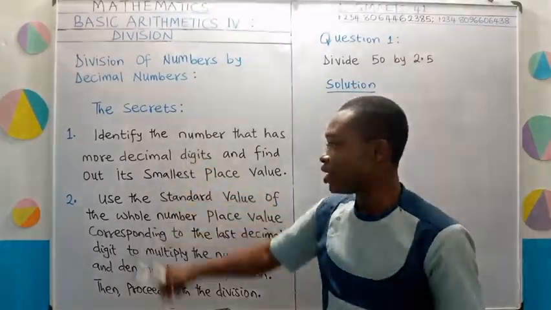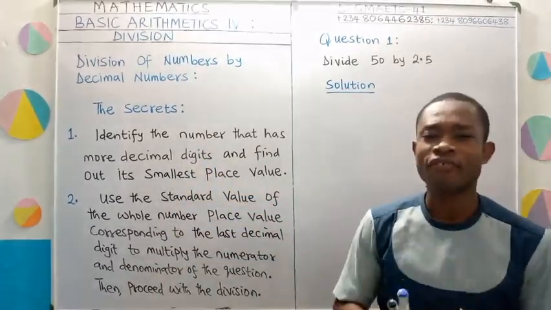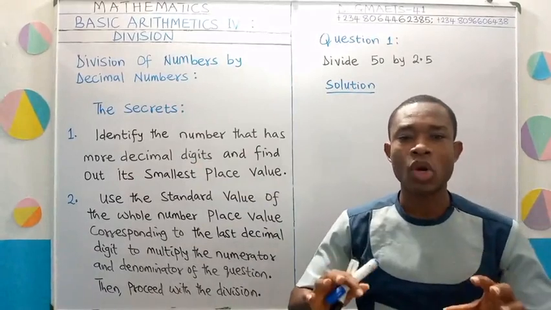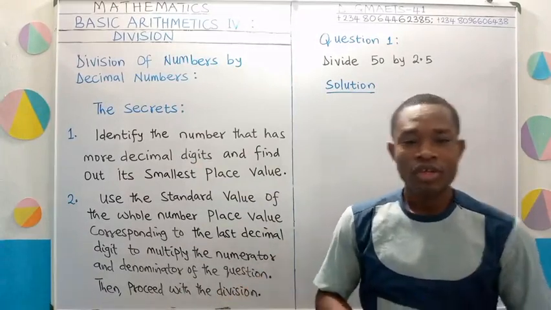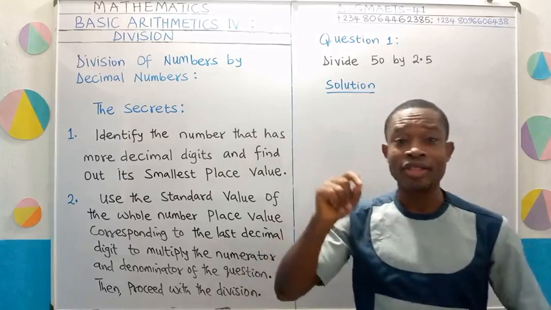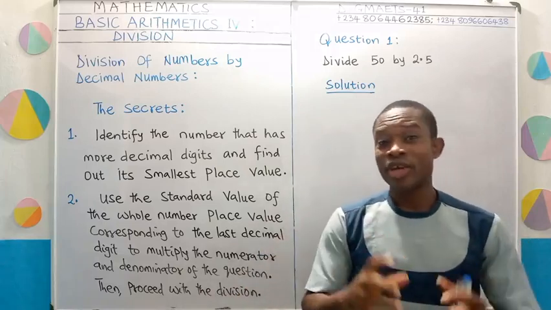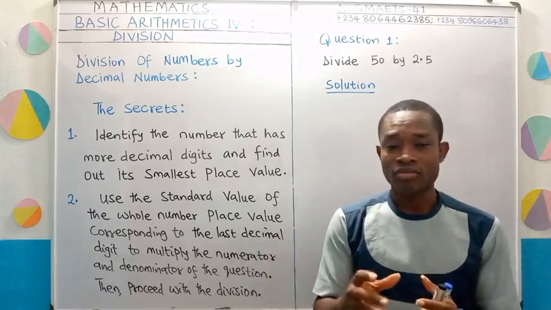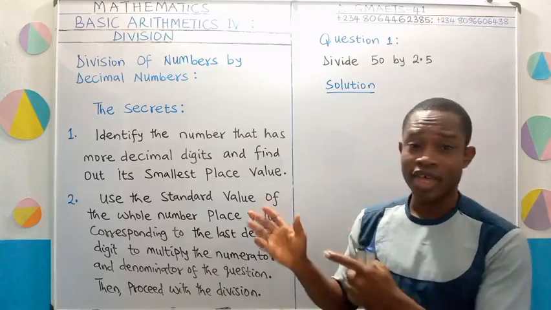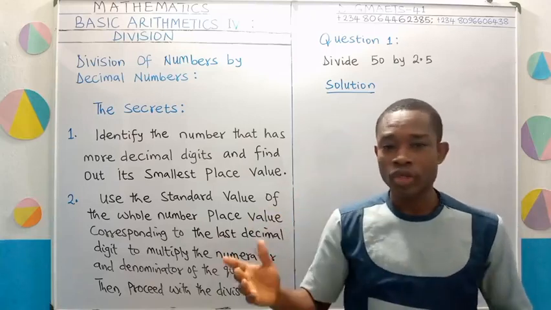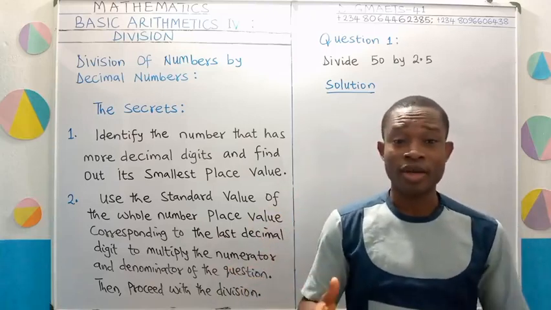Now, secret number one, you are expected to identify the number that has more decimal digits. You'll be given a numerator and a denominator, and we are saying that the denominator must be a decimal number in this case. The numerator can be a whole number, it can also be a decimal number.